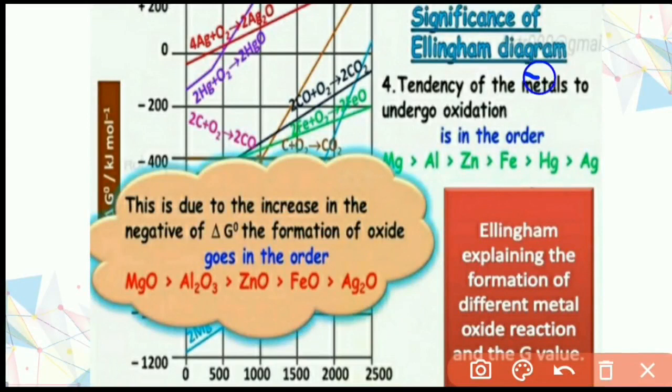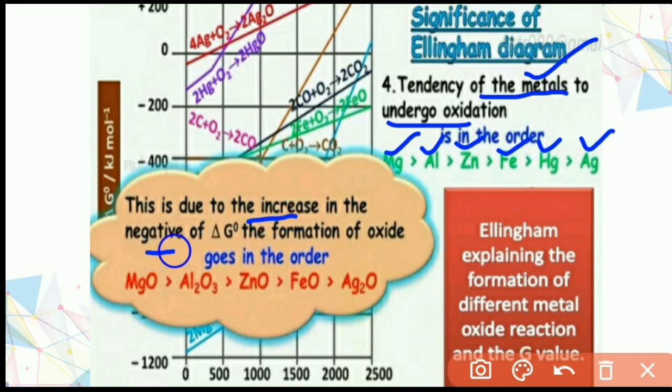Significance of the Ellingham diagram. Next is that the tendency of a metal to undergo oxidation is in this order. The first metal to undergo oxidation is magnesium, then aluminium, then zinc, iron, mercury, then silver. So it is also based on the reactivity order. This is due to the increase in negative del G naught value.